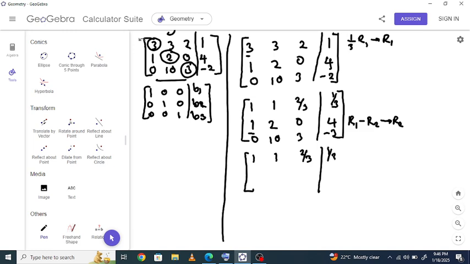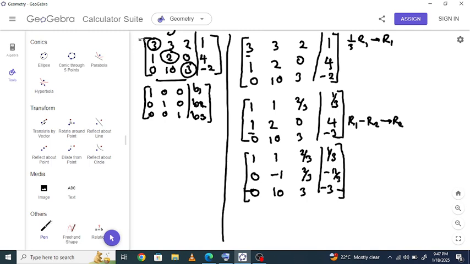Only the second row is affected, so 1 minus 1 gives us 0. 1 minus 2 gives us -1. 2 over 3 minus 0 gives us 2 over 3. 1 over 3 minus 4 gives us -11 over 3. And then lastly we have 0 10 3 -2.